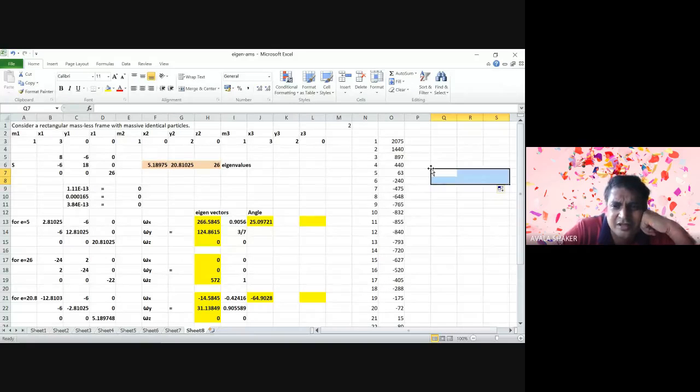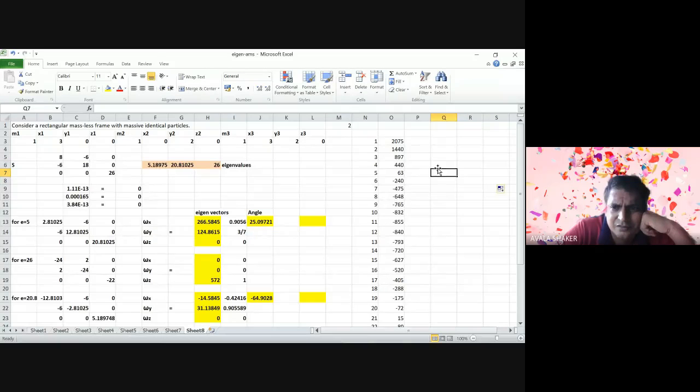Since the axis is passing through a mass, let us call it m0, its coordinates will be 0, 0, 0. If you take this as your x-axis, then this will be 3, 0, 0. This will be 0, 2, 0, and this will be 3, 2, 0. So I can write it down.